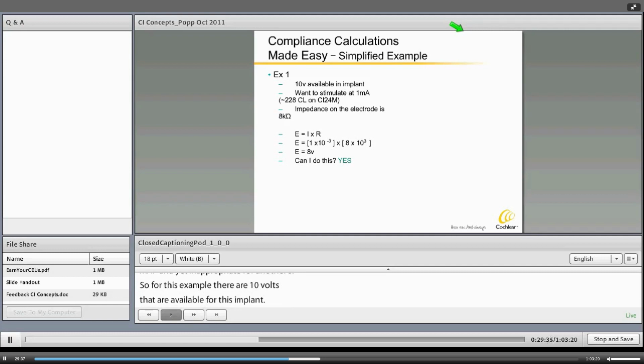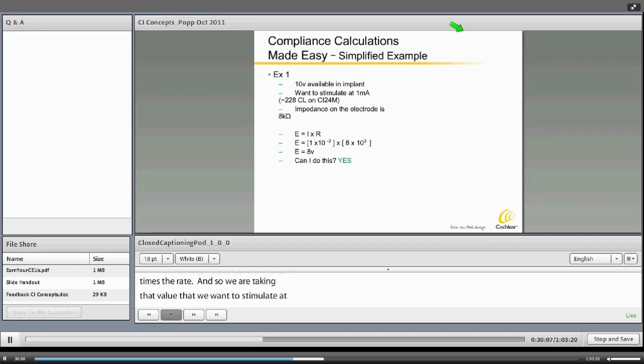So for this example, there are 10 volts that are available for this implant. And we want to stimulate at about 220 current units, which is 1 milliamp. And the impedance on this electrode is 8 kiloohms. So we're doing the calculation of the current times the impedance.